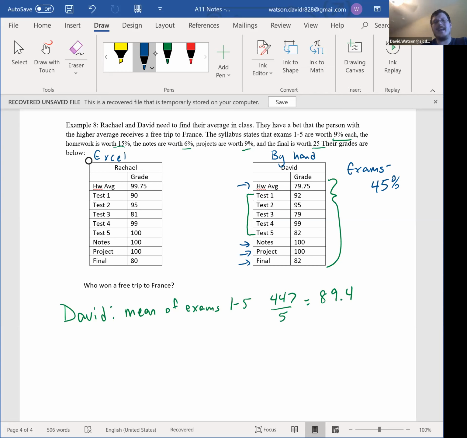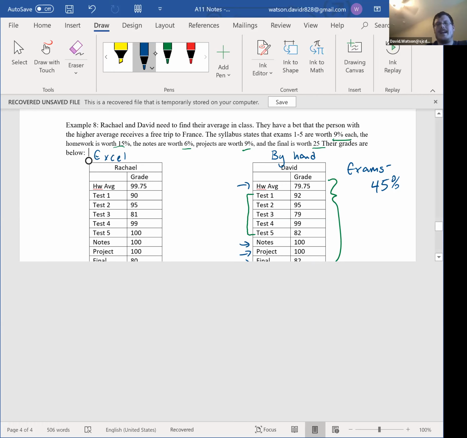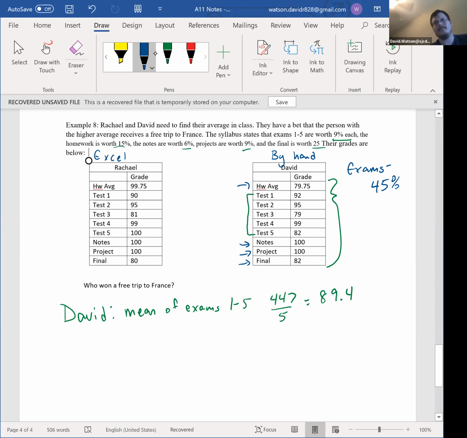So we take that 45%, we write it as a decimal, so 0.45, and we multiply it by our actual score in that category. So 89.4.